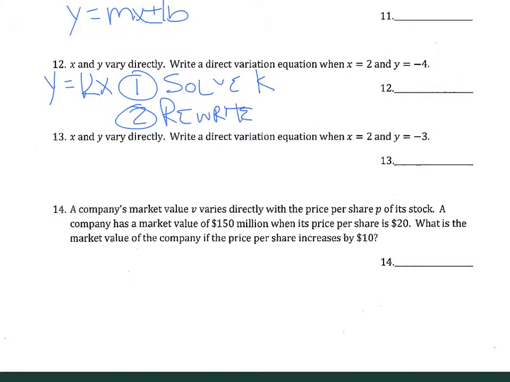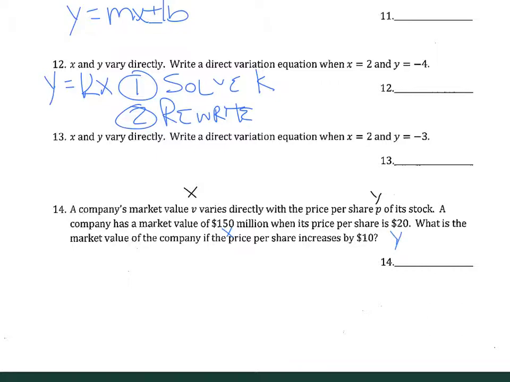Okay, number 14, a company's market value, which is V, varies directly with the price per share, which is P, of its stock. So this would be like your X, and this would be like your Y. A company has a market value of 150 million, which would be like your X, when its price per share is $20.